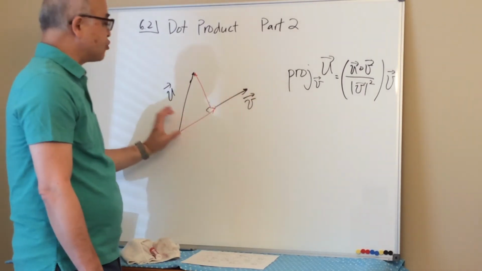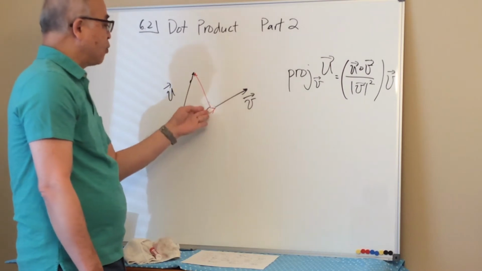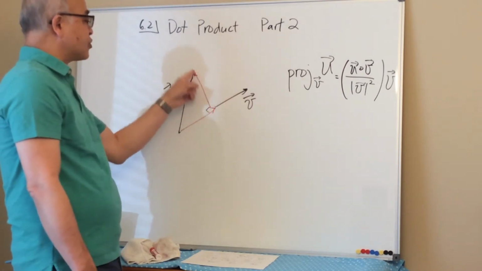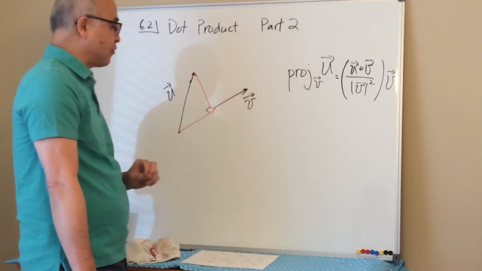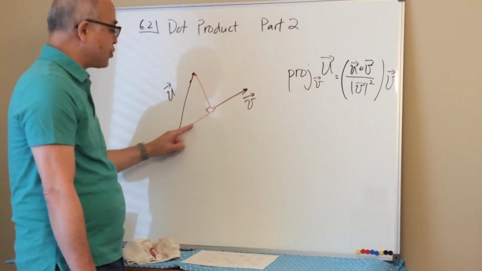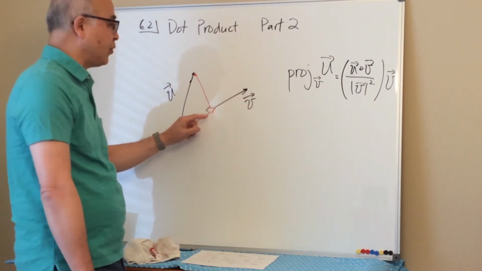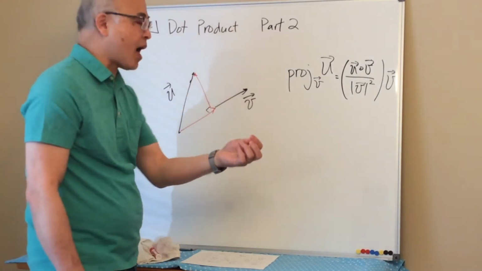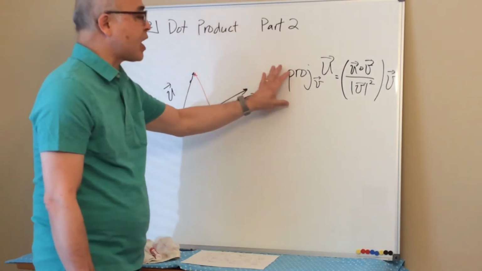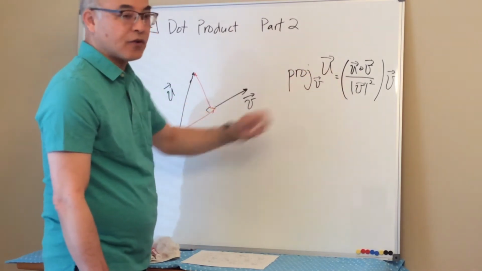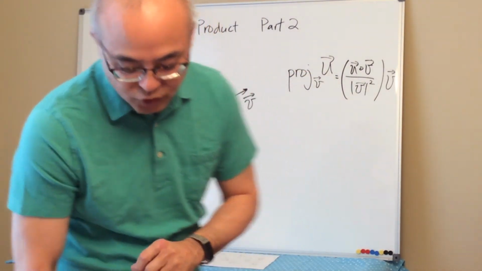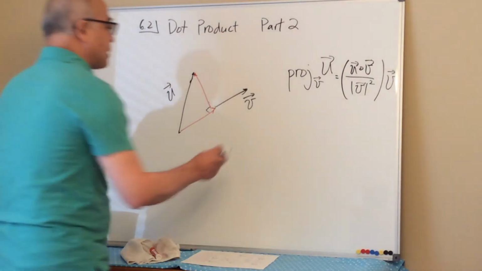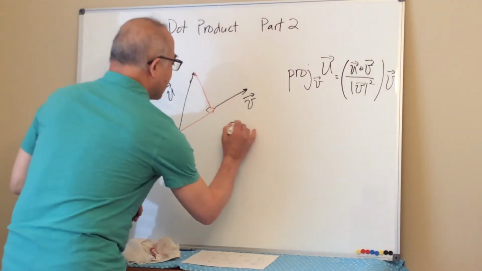Imagine trying to push a box here. The vector that's going up here does nothing for you when you're pushing the box over here. It is only this portion that does work for you. And this is exactly why we want the projection of a certain vector onto something else. Okay? So let's do example number 5 and see how it works out.